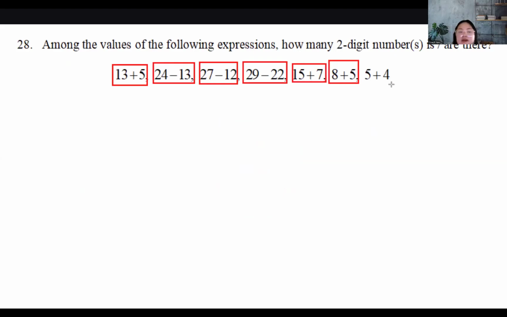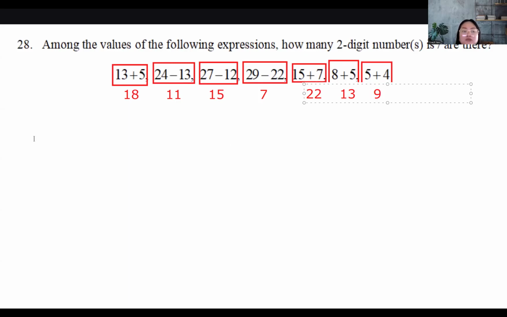Here and here. Now, let's solve. First one is 18. Second one is 11. Third one is 15. Fourth one is 7. Then this one is 22, 13, and 9.